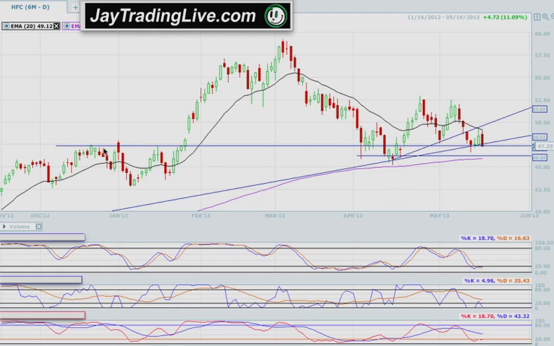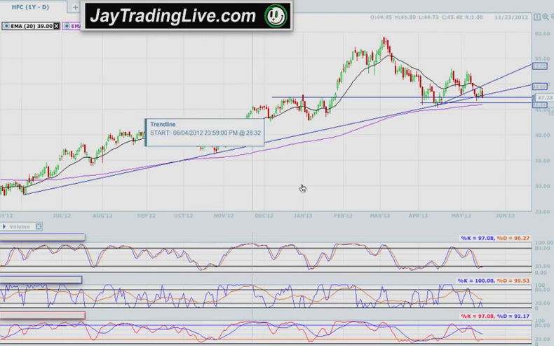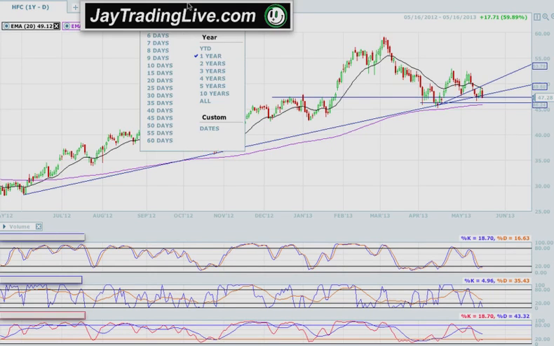On HFC, we had a little area of support. This wasn't great support on this horizontal line, but we did have a nice trend line going back, 1 point, 2 point, 3 point, and then we hit it again down here.